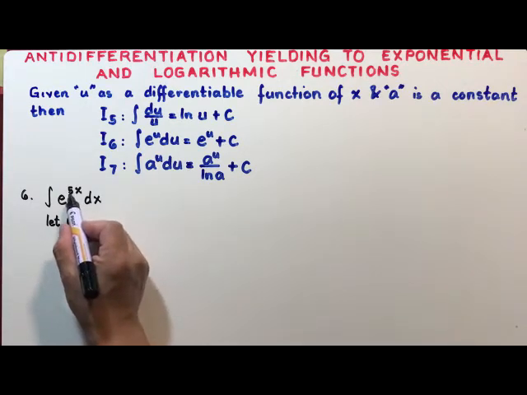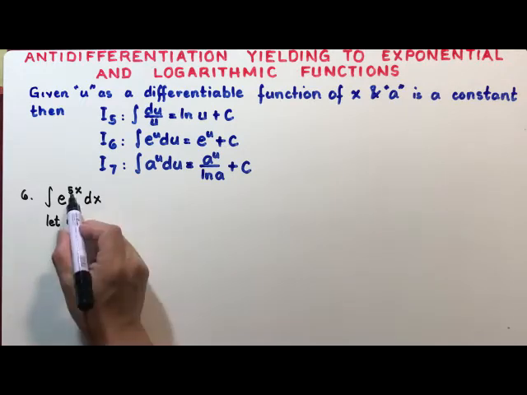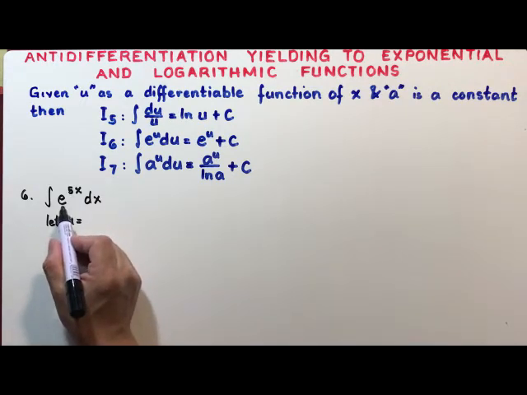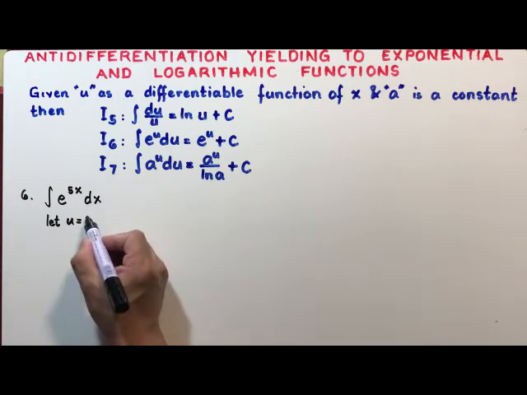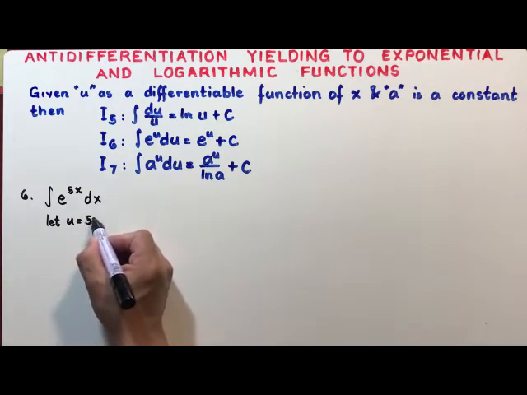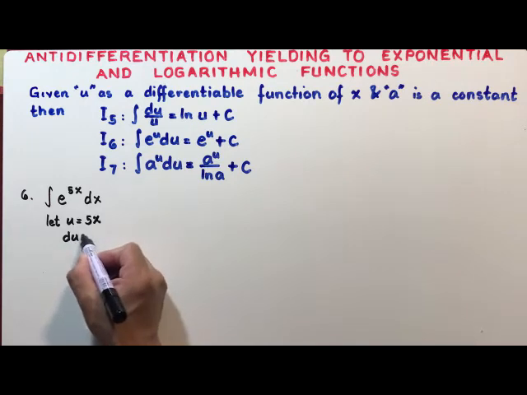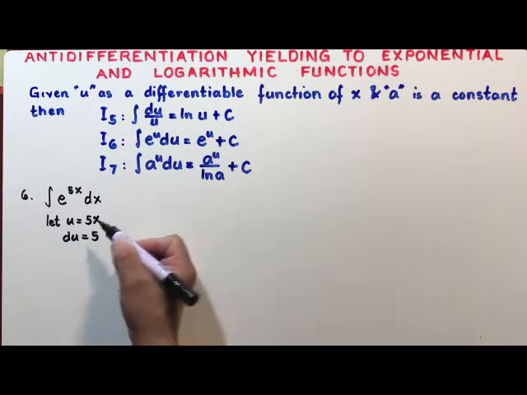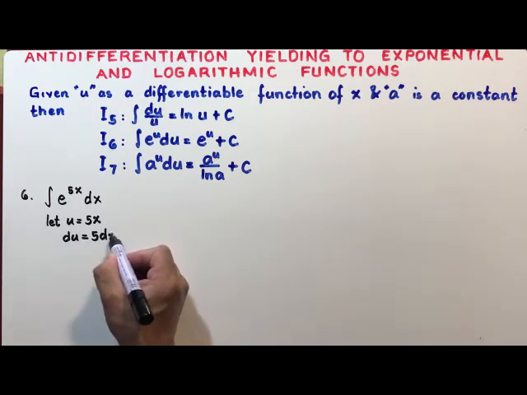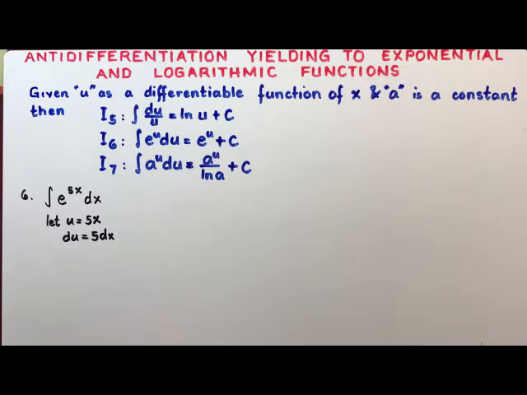When we use 5x, which is the exponent of our natural constant e, as our u, we realize that our du is just equal to 5 dx, because the derivative of 5x is 5.